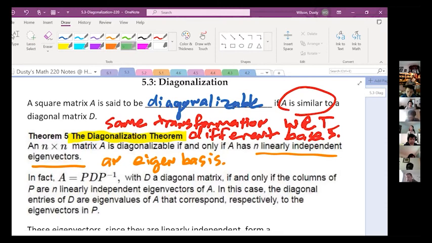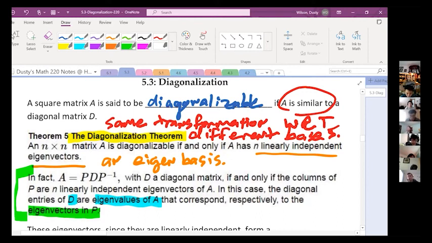This theorem is valuable because it tells you not only that it's true, it tells you how to generate the P and D matrices. The D matrix is made of the eigenvalues of A, and the P matrix is made up of the eigenvectors that correspond.